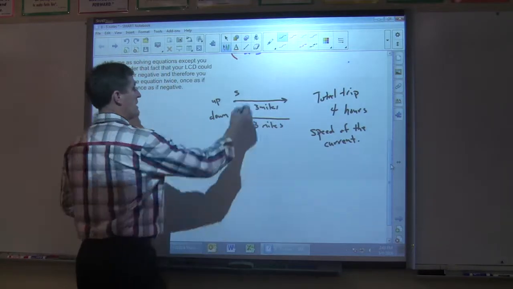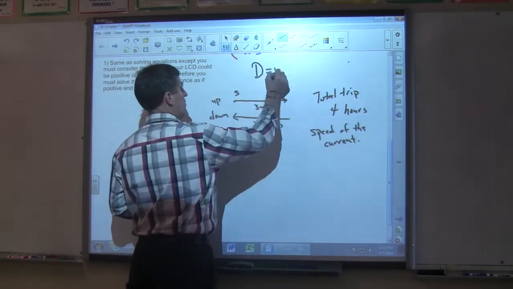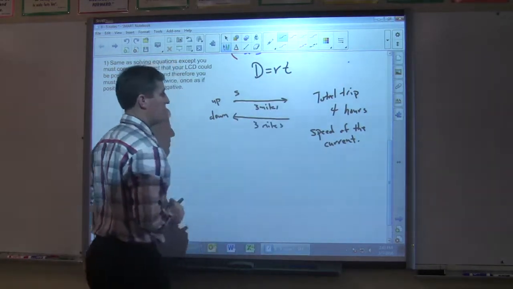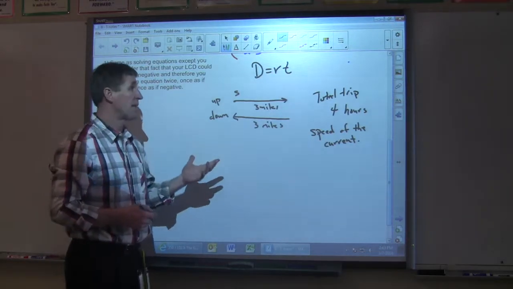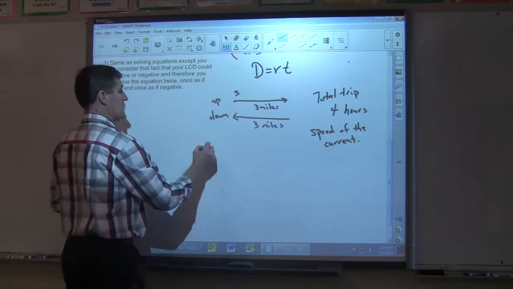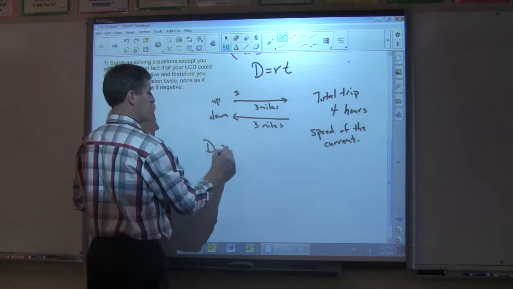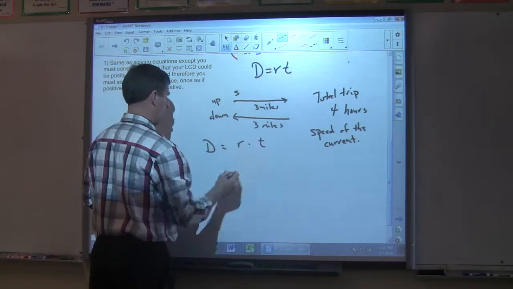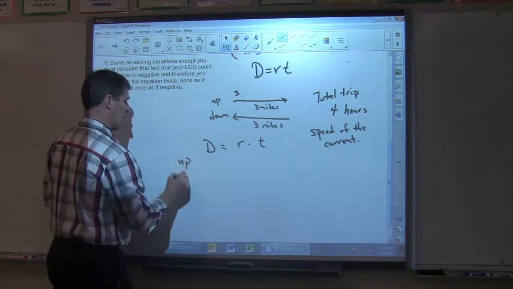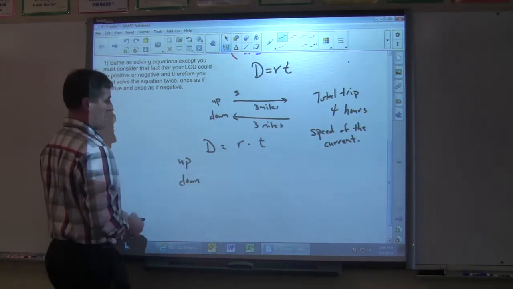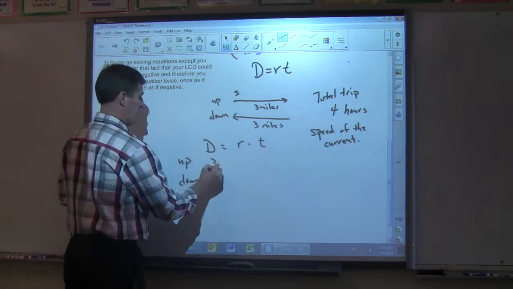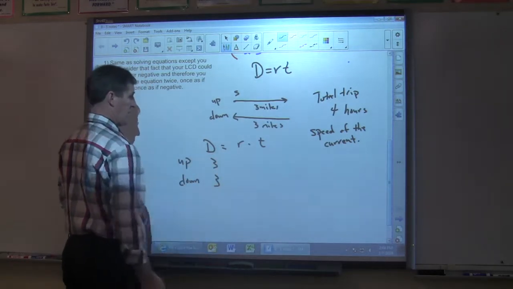So we have a formula that says distance equals rate times time. In this case, though, we have some things that we don't know. If we look at distance equals rate times time, we have upstream and we have downstream, two different things. We do know the distance is the same in both, 3 and 3.